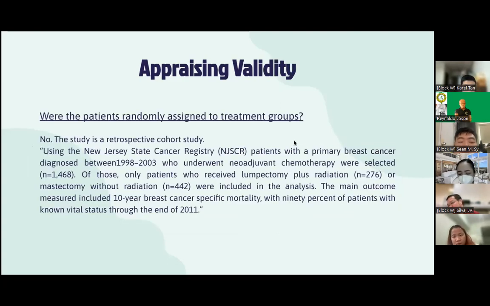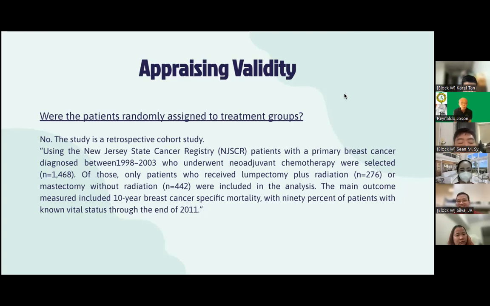So to appraise validity naman, we followed the guide questions prescribed by Dr. Dans in Painless EBM. So the first question in appraising an article on therapy is: were the patients randomly assigned to treatment groups? Since the study is a retrospective cohort study and not a randomized clinical trial, the patients were not randomly assigned to the treatment groups.